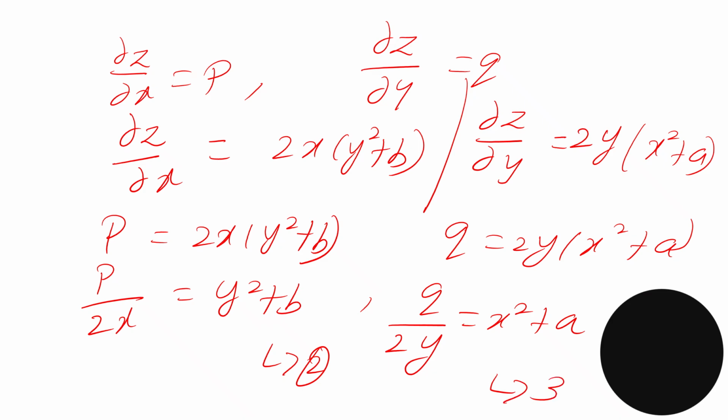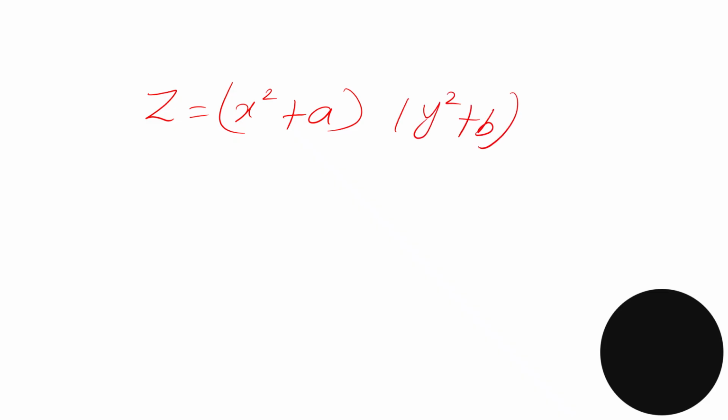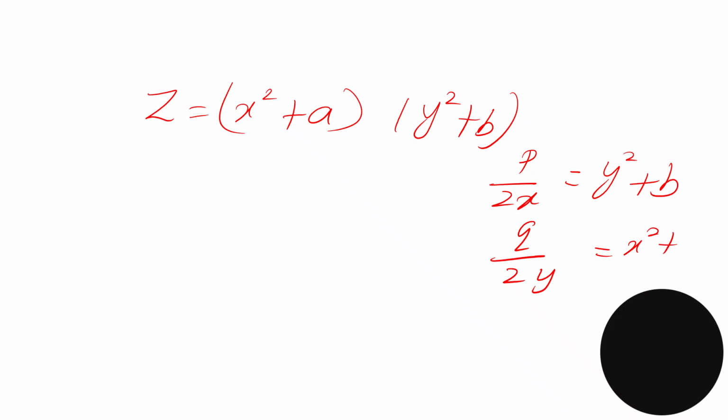Now apply 2 and 3 in equation 1. What is your equation 1? z equal to x square plus a, into y square plus b. And p by 2x equal to y square plus b, q by 2y equal to x square plus a.